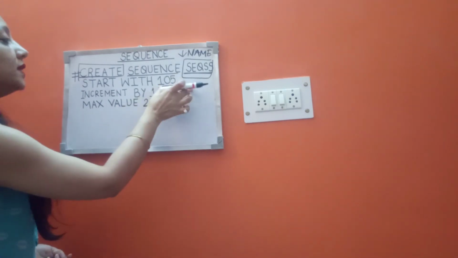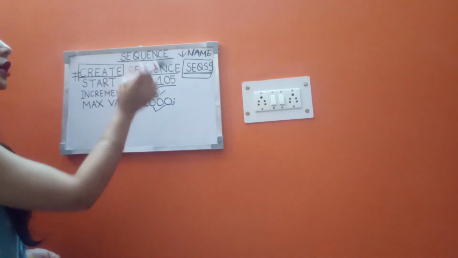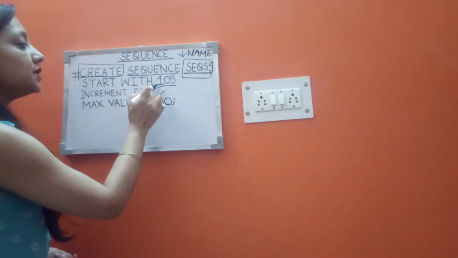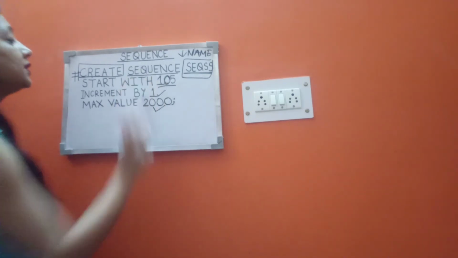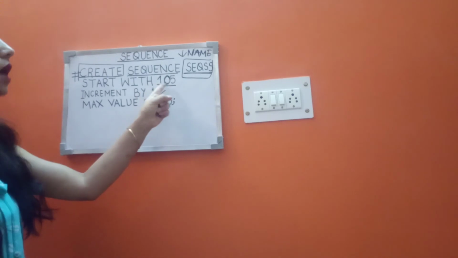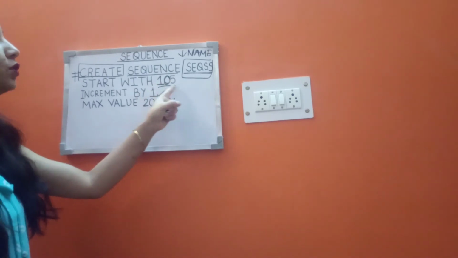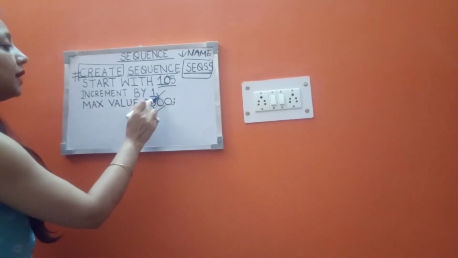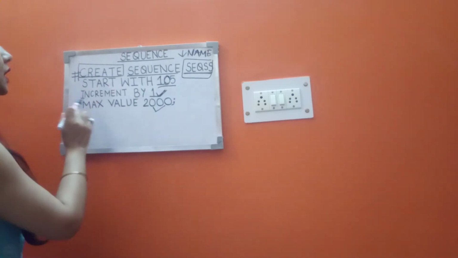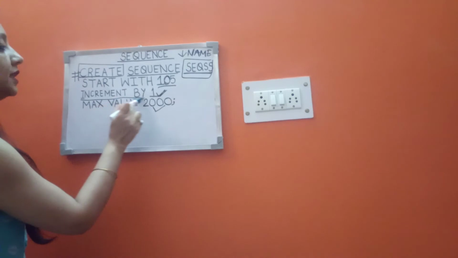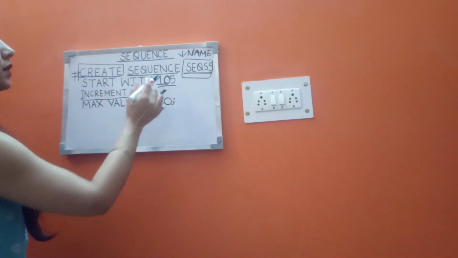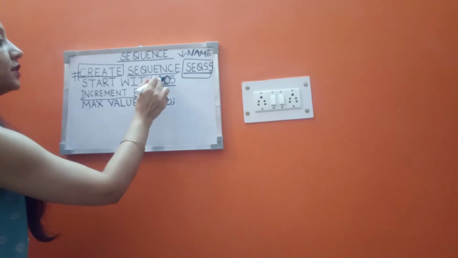Now this sequence has to be started with a particular number. In my case, I have said to start my sequence with 105 and then keep incrementing. Every time the sequence is called, it increments by 1.